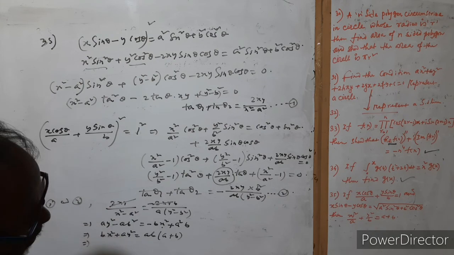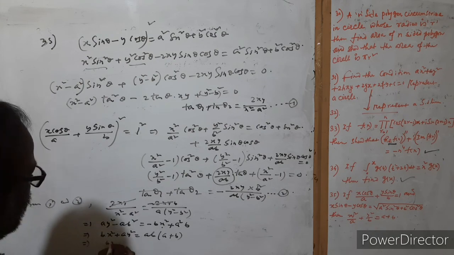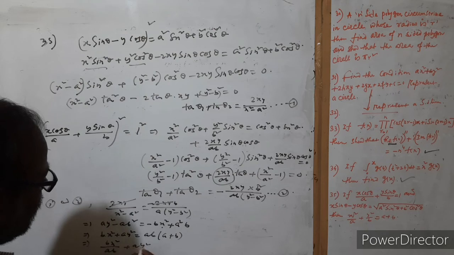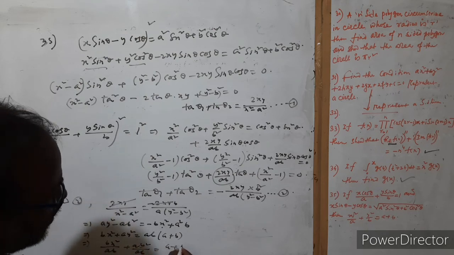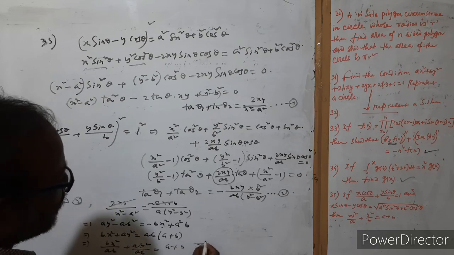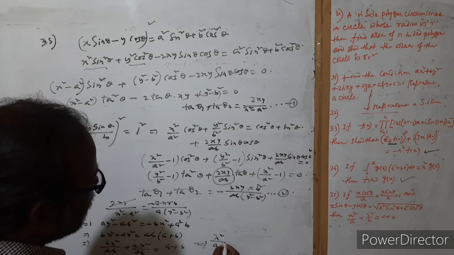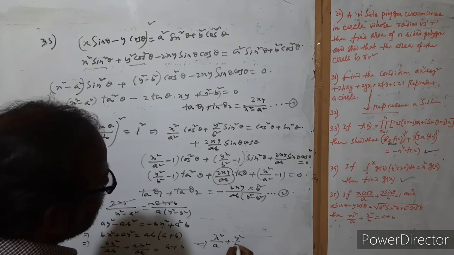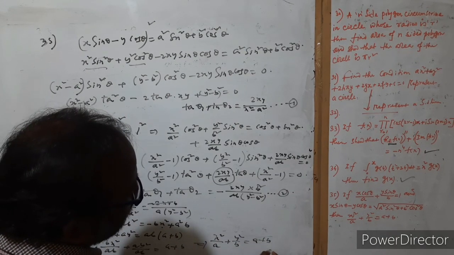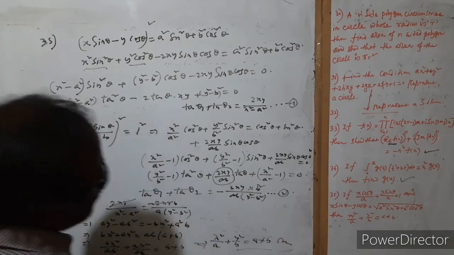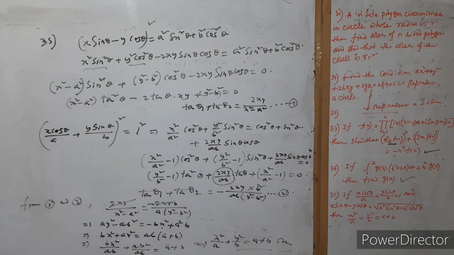Dividing by ab, b x square by ab, a y square by ab, and this is here a plus b, so it's proved. The b are cancelled, so x square by a plus y square by b is equal to a plus b, proved. Okay, so very interesting question, students.